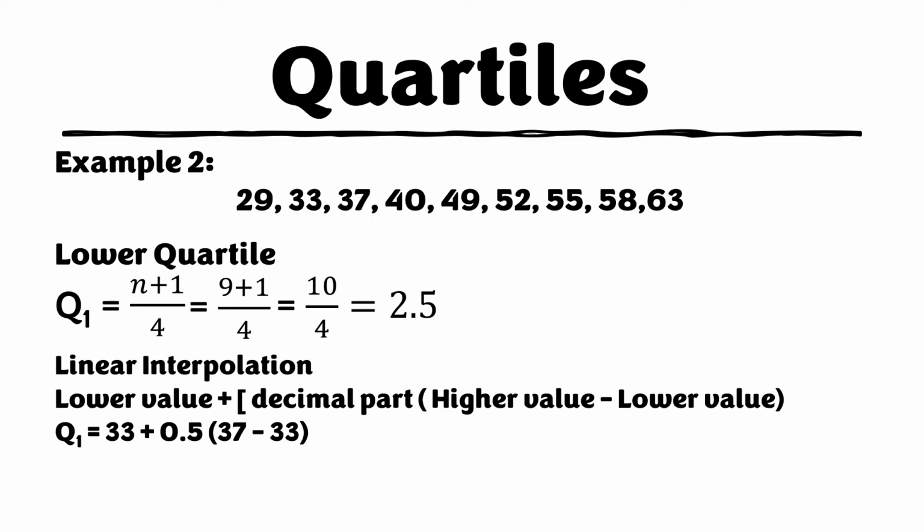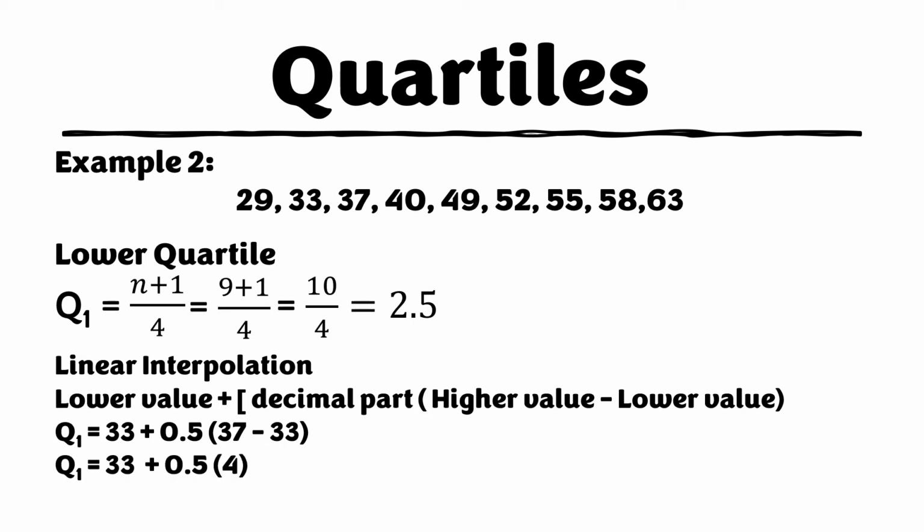And then plus the decimal part, which is 0.5. And then the higher value is 37. That is the number which is greater than 33 in the distribution, or the number next to 33 is 37. And then minus the lower value, which is 33.